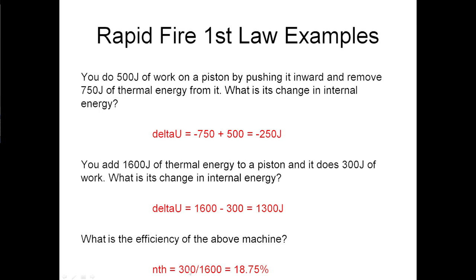That's what it's able to accomplish, but it required 1600 joules of energy to be able to do that, which would make this machine about 18.75% efficient. It's able to use this percentage of the energy it's given as work. And frankly, that's about, again, the mechanical efficiency of the human body. Most machines are pretty inefficient because friction is everywhere and you can't avoid it.